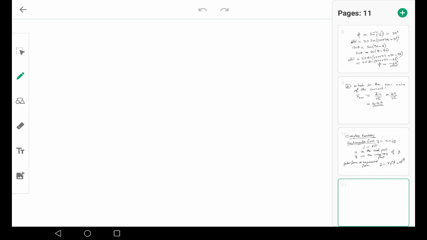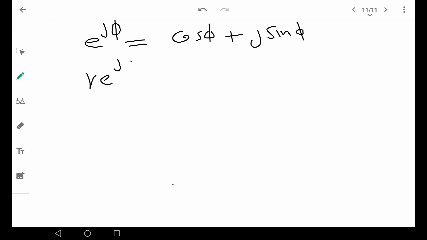So what is e raised to j phi? I think you have studied that Euler equation in mathematics. E raised to j phi equal to cos phi plus j sin phi. So you can write r e raised to j phi equal to r cos phi plus j r sin phi, isn't it?